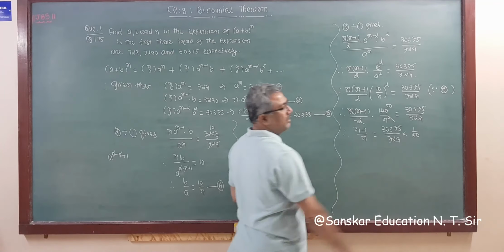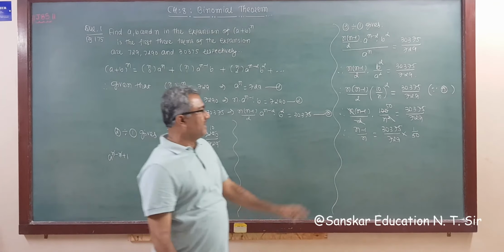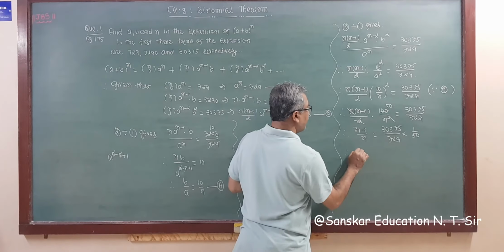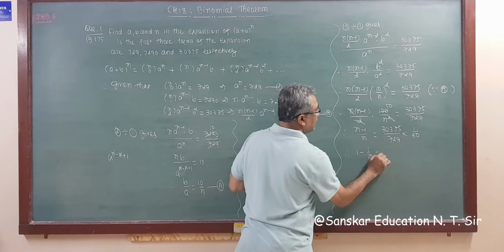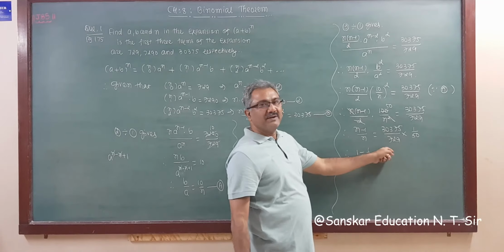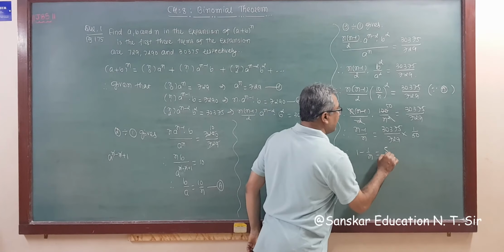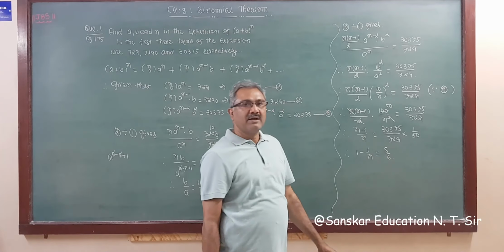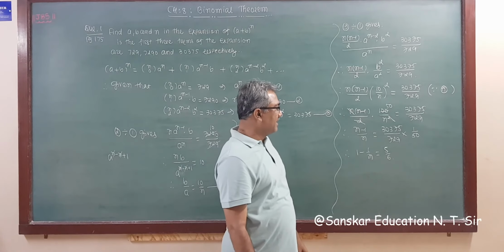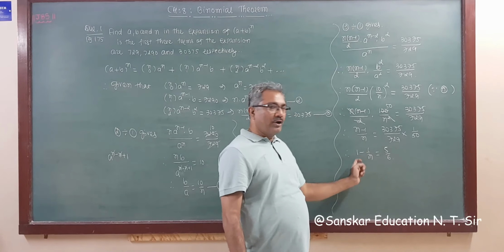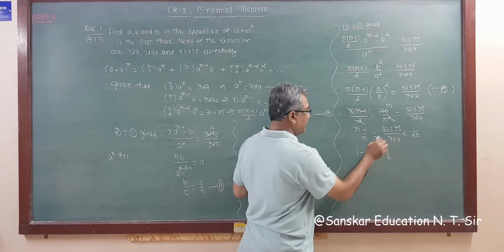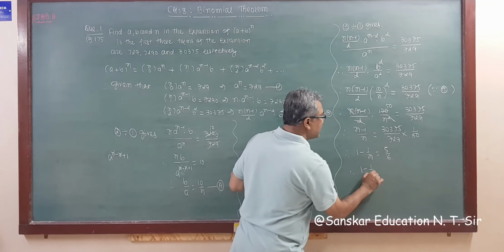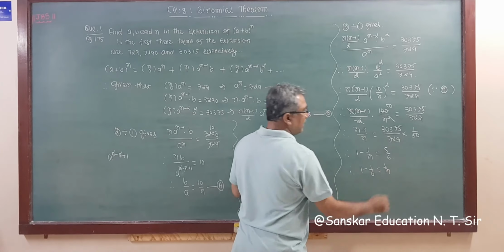Taking the 50 to here, now separating this, what we get is 1 minus 1 upon n is equal to, if you simplify this, you will get 5 by 6. So taking 5 by 6 across, 1 minus 5 by 6 is equal to 1 upon n.